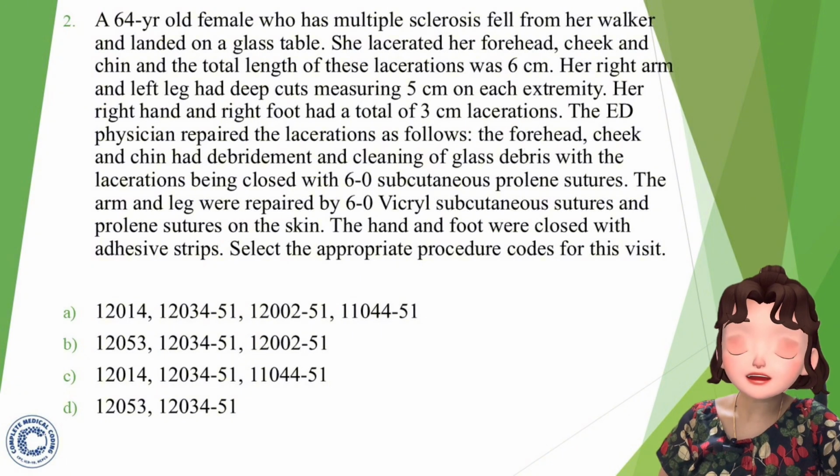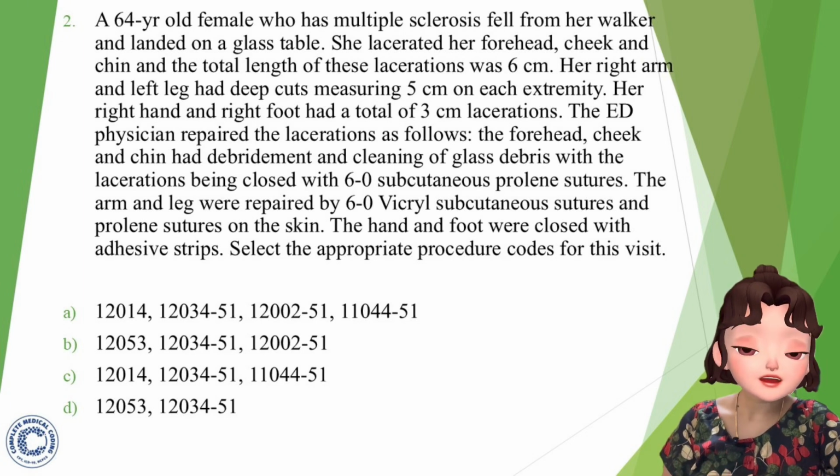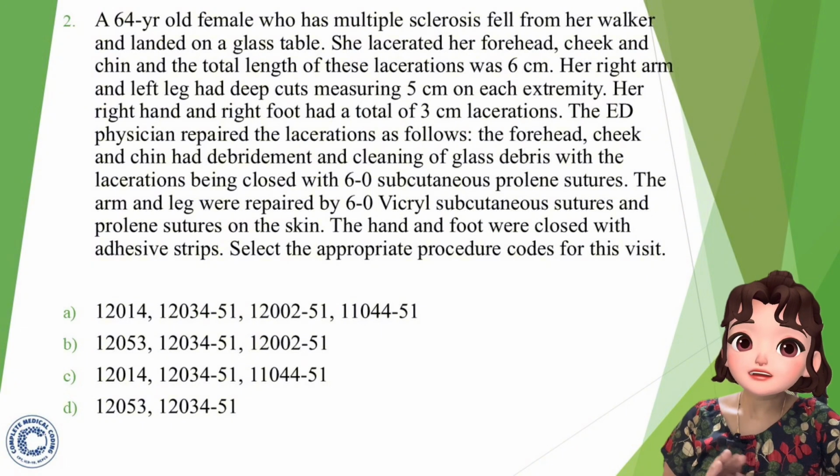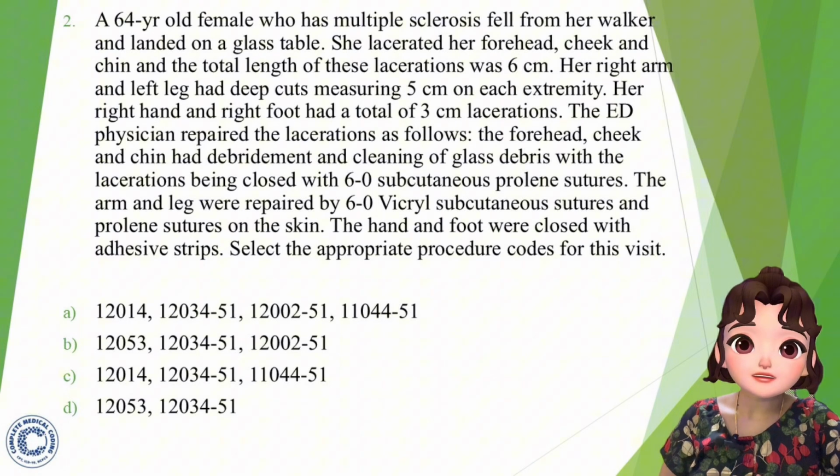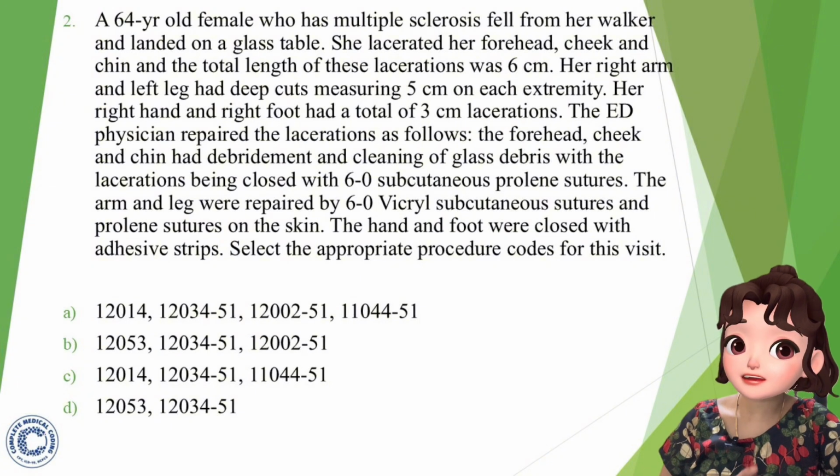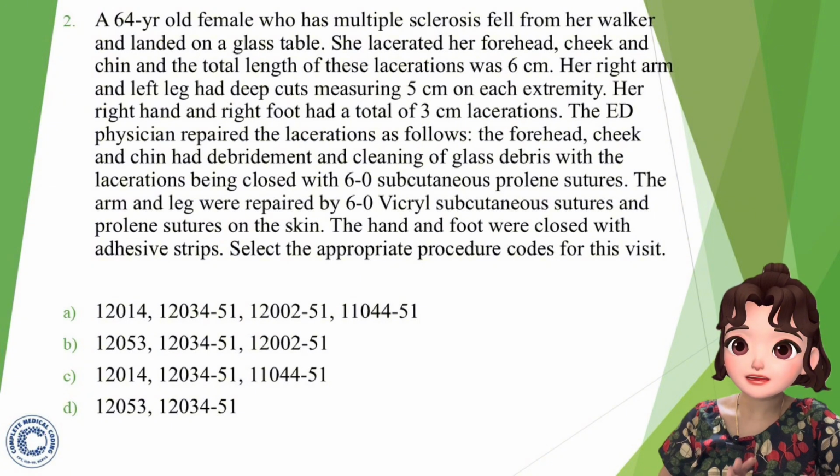If it is only one layer, it will be a simple repair, means simple suturing. If it is a simple repair of the skin, not layer wise, then it will be a simple repair or layer closure. But if it is mentioned subcutaneous in the question, it means it is intermediate repair, or layered closure.